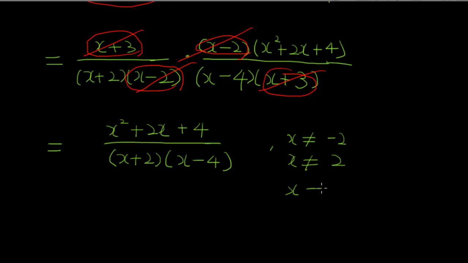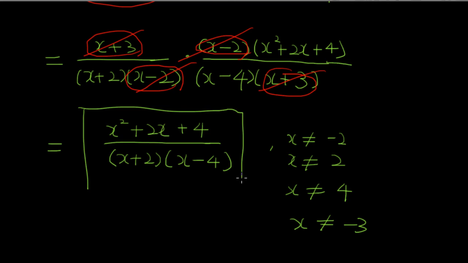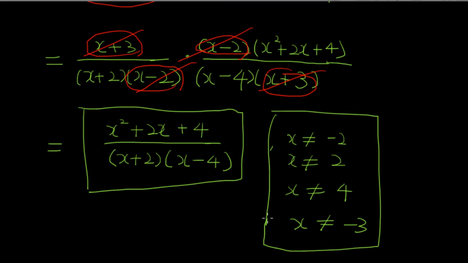And x cannot be equal to 4. x cannot be equal to negative 3 from these two, right? Okay, so this is our answer, and we should also mention this along with this.